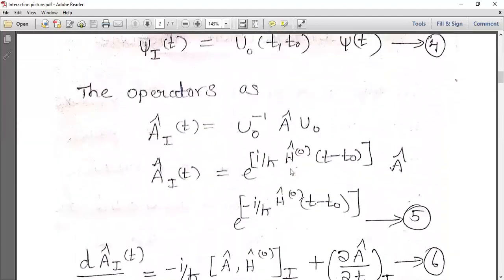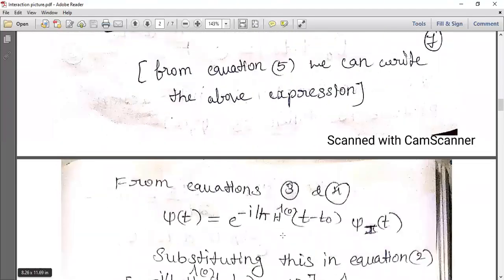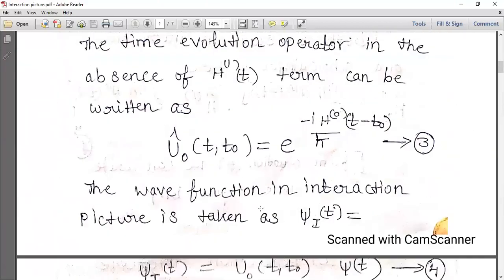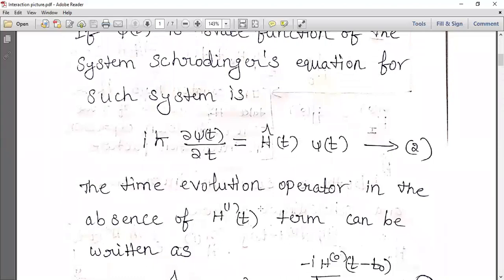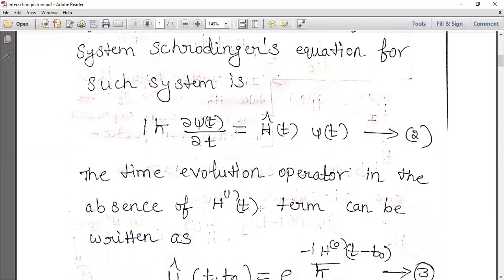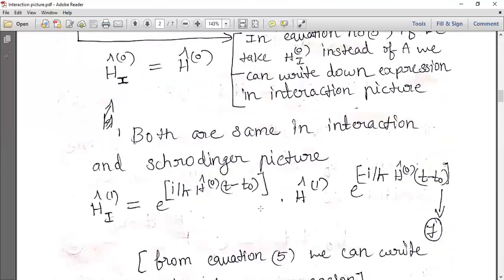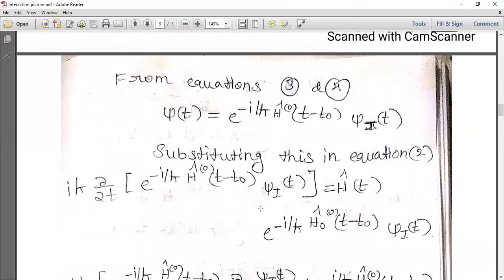So we get a different equation here, that is psi of t equal to this exponential term with psi I of t. This equation we will substitute in equation number 2, which is nothing but the Schrodinger equation when we write it for both the time independent and time dependent terms. So we substitute this value of psi of t in equation number 2.